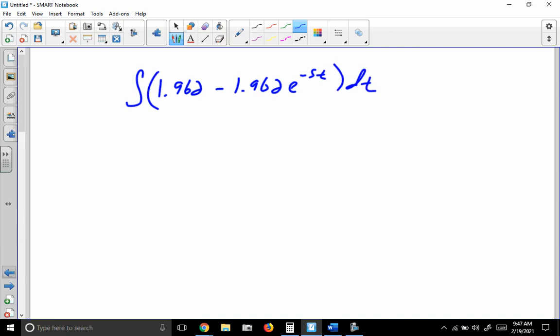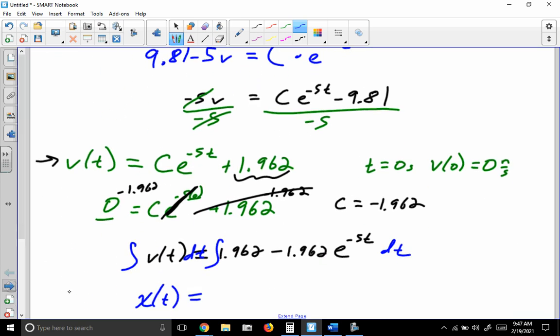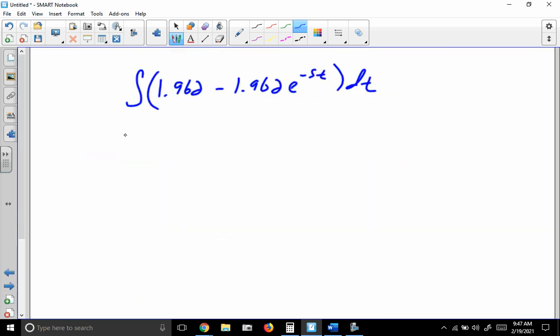Let me make sure I copied that correctly. Since we have two terms, we're going to integrate these separately. So integrate the constant term with respect to time minus, let's put that constant out front, and then we're going to integrate e to the negative 5t with respect to time.